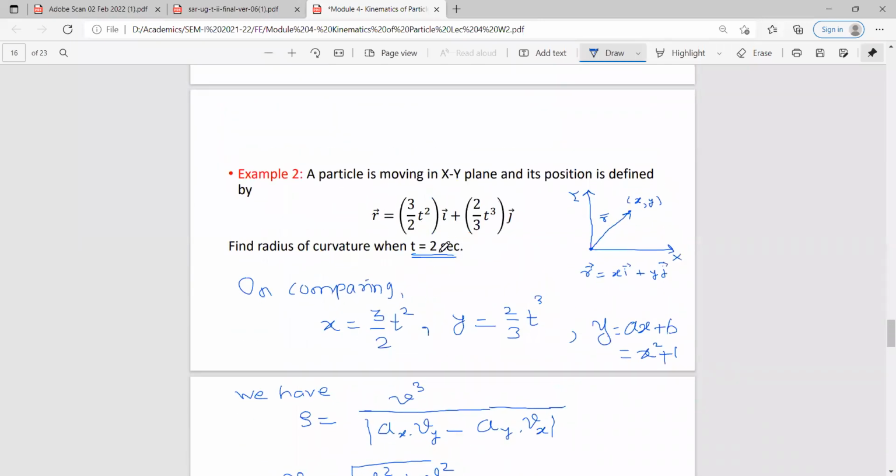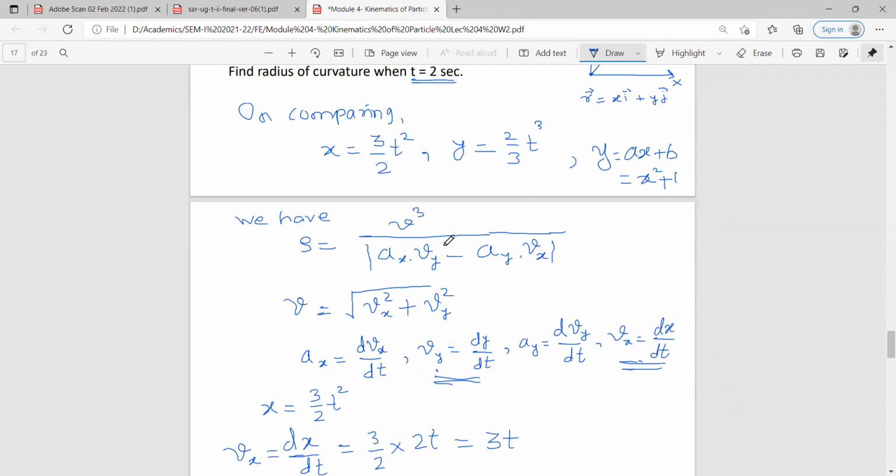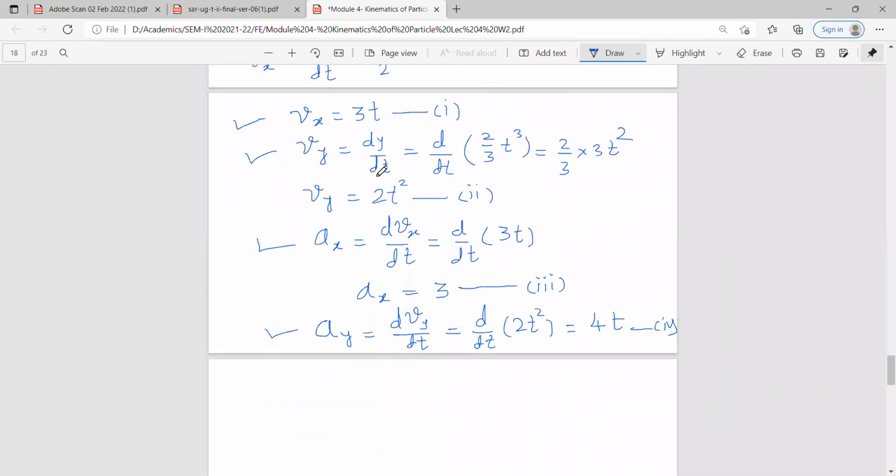When time is equal to 2 seconds, you will write down that at t is equal to 2 seconds, from equations 1, 2, 3 and 4, put the value of t as 2 in equation 1.